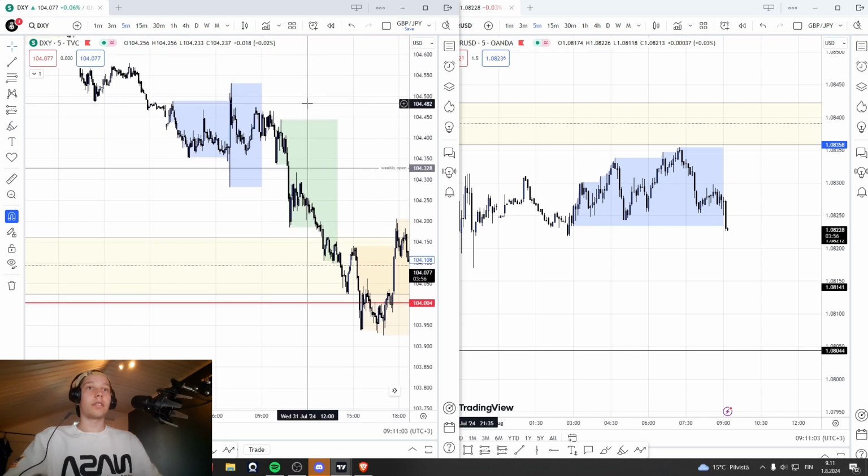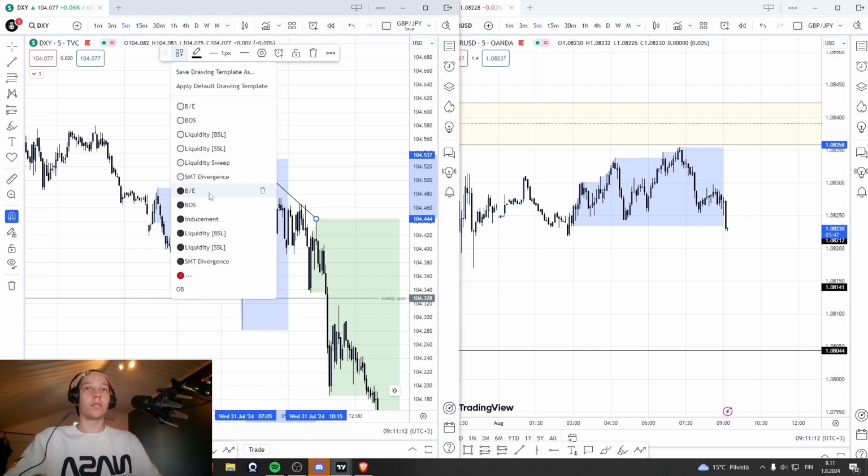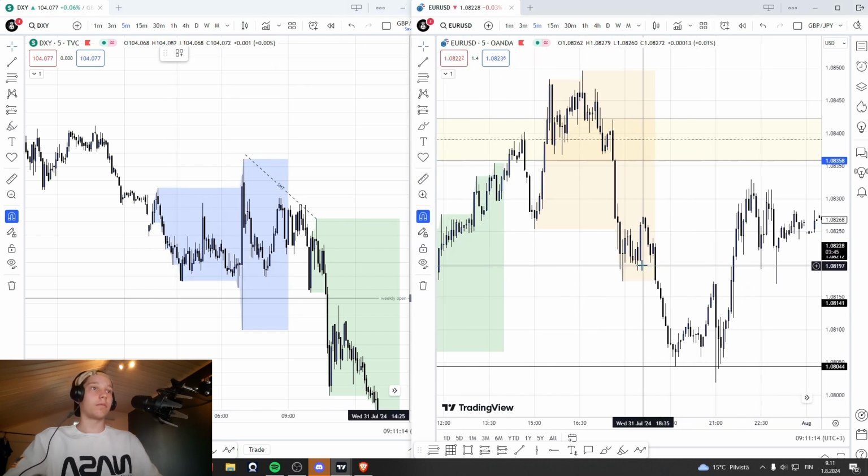So you can see how DXY ended up dropping. So this is what I mean by SMT. DXY didn't take the high, DXY had like that. So that's a massive SMT.